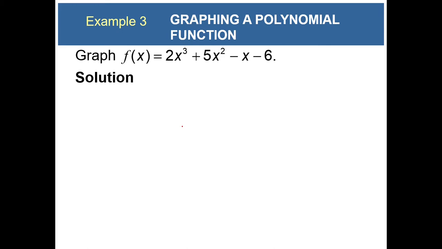In example 3, we're going to graph a polynomial function, f of x equals 2x cubed plus 5x squared minus x minus 6. To begin, we'll use the rational root theorem. We have 6 as p and 2 as q. So we'll look at all the factors of 6, which are 1, 2, 3, and 6. And we'll look at all the factors of 2, which are 1 and 2.